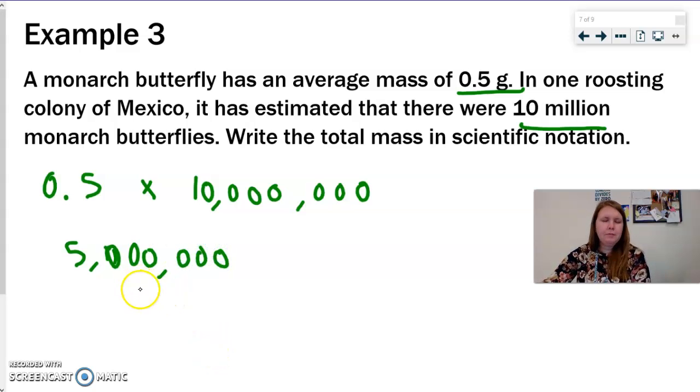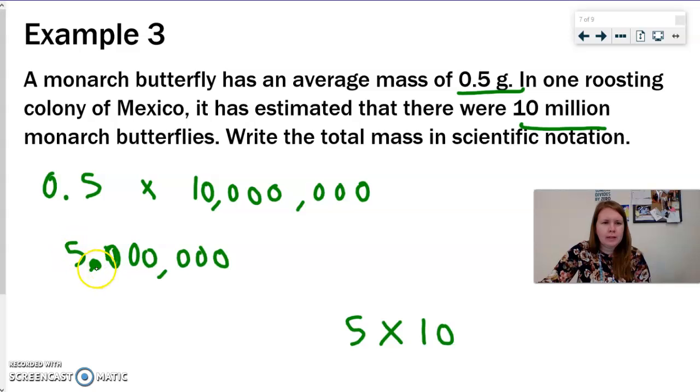So I need to write 5 million in scientific notation. We're going to have something times 10 to something here, and we'll have the number just 5. So we have to figure out how many decimal places. If I just had 5, here's where the decimal place would be.